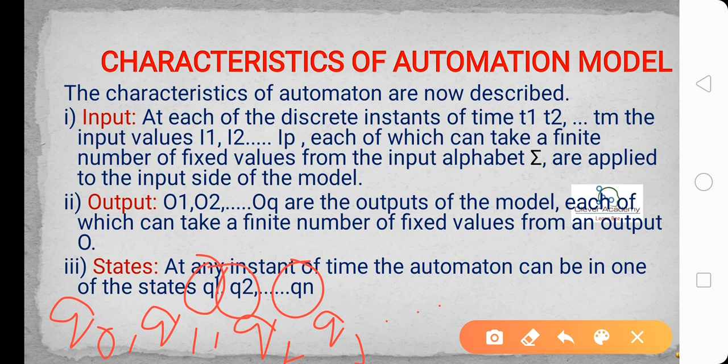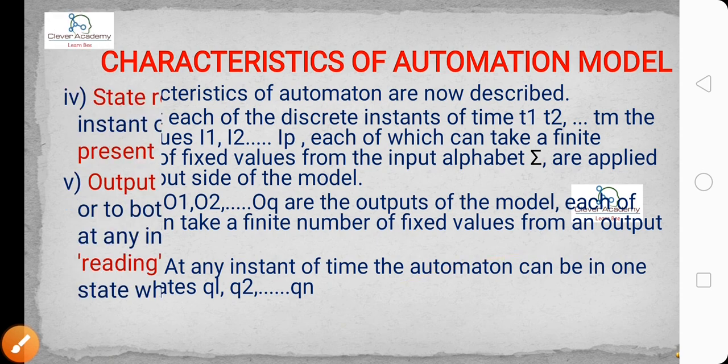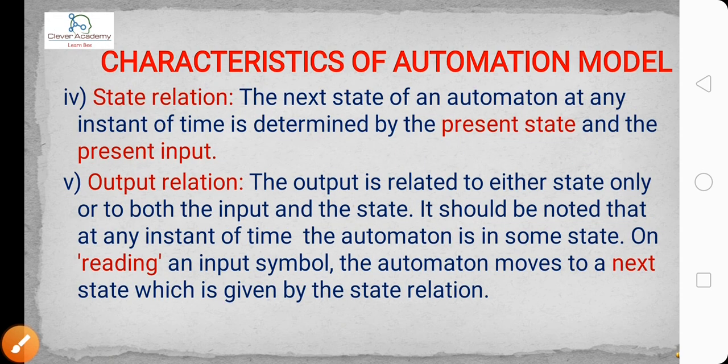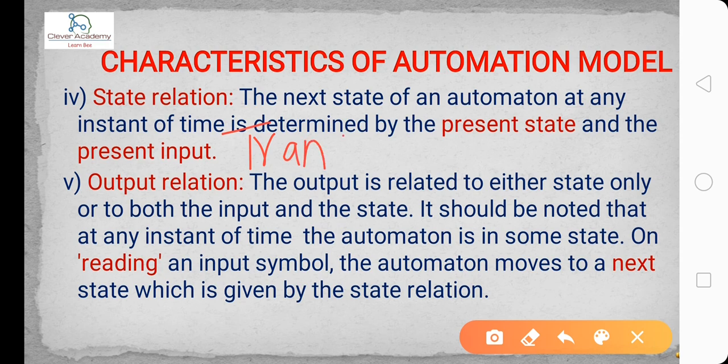Every finite automata is represented with a set of states as a third property. Coming to the fourth property, state relation. The state relation you may call the same thing as a function, or in short, a transition.